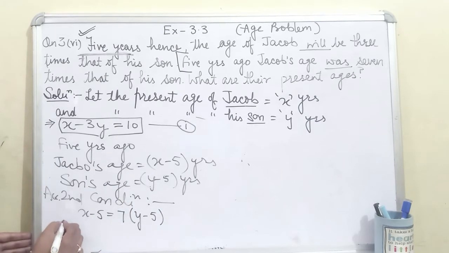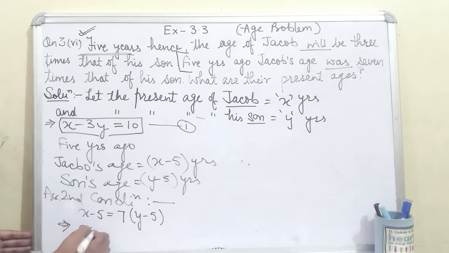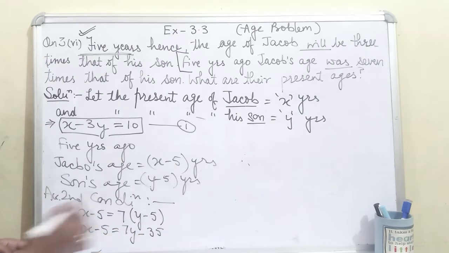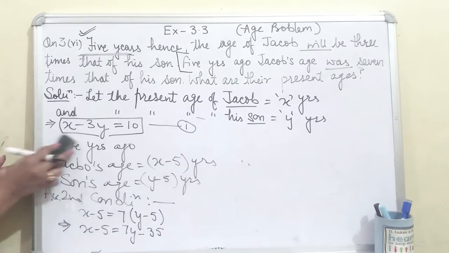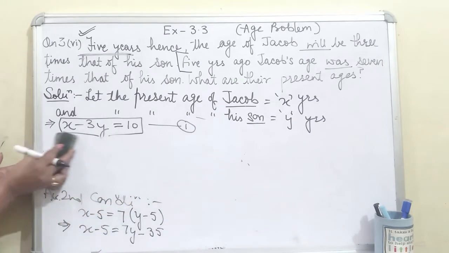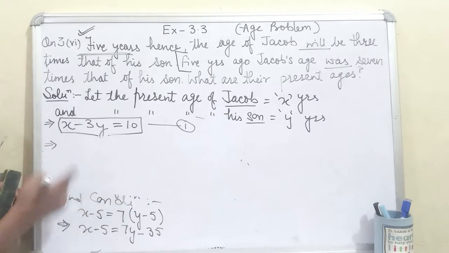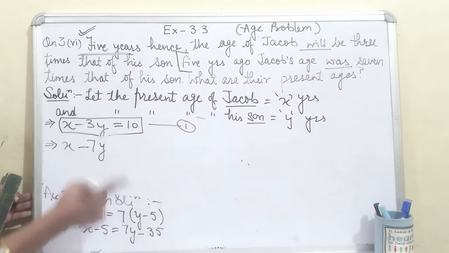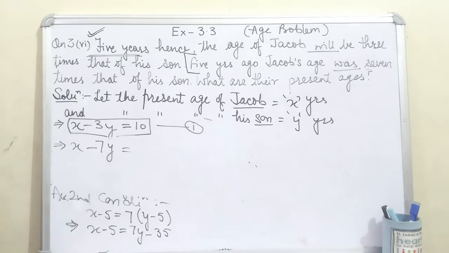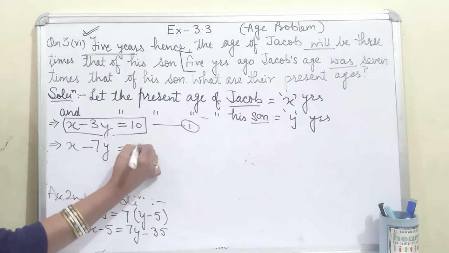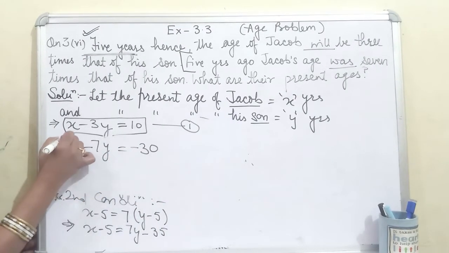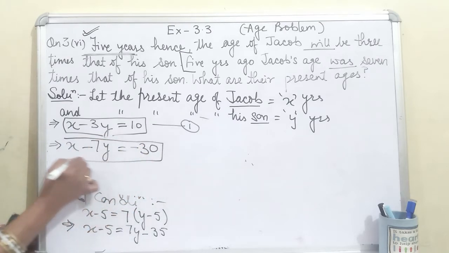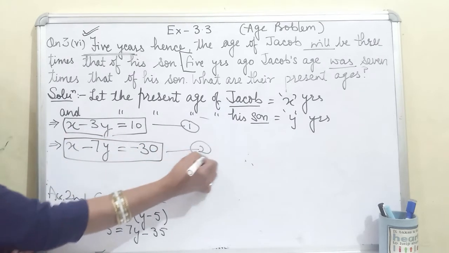Again open up the bracket. Tell me fast what I get. X minus 5 equals to 7y minus 35. So I'm going to just make it simple. So the equation will be X minus 7y equals minus 35 plus 5. It should be minus 30. So this is the second equation.